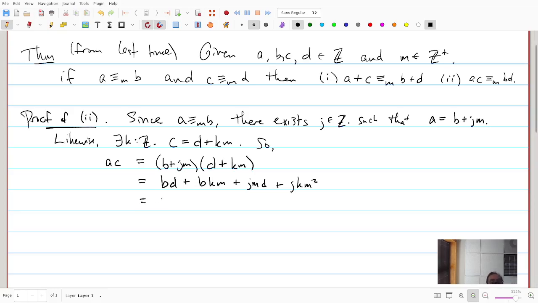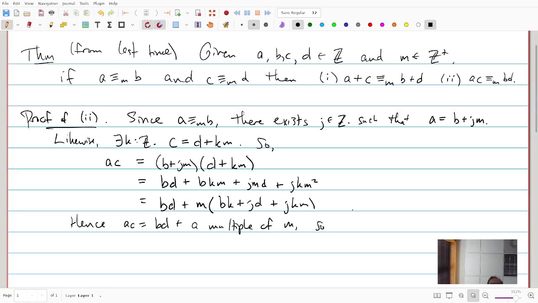So I can say this is BD plus M times (BK plus JD plus JKM). Hence, AC equals BD plus a multiple of M. So, AC is equivalent modulo M to BD. Okay, any questions about that?